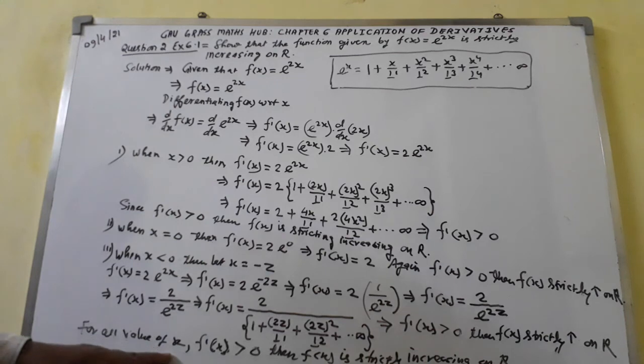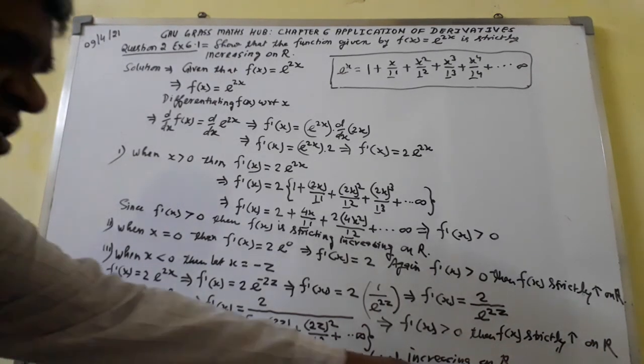For all values of x, f dash of x is greater than 0, then f of x is strictly increasing on the set of real numbers.